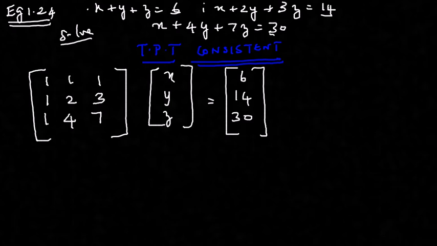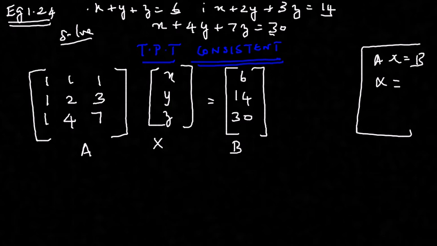So I can call this A, this is X, and this is B. If you remember in the inversion method, whenever we say AX equal to B, we solve for X saying that X is equal to A inverse B. But now we are going to solve using the rank method.